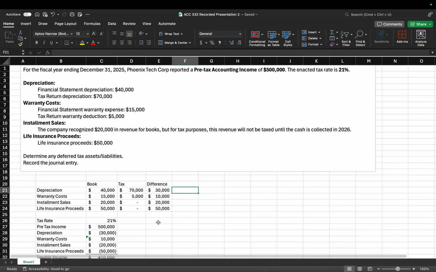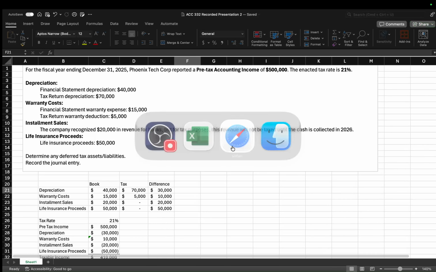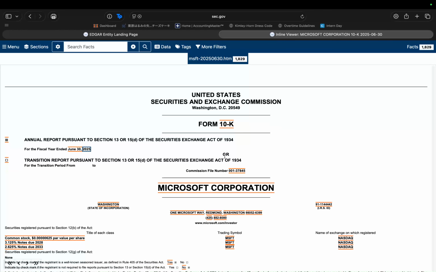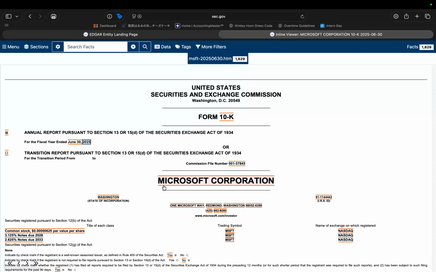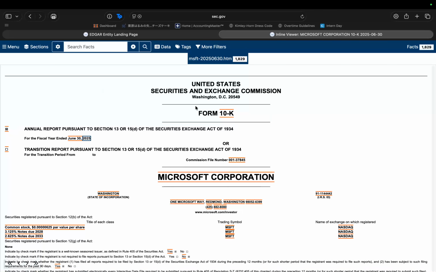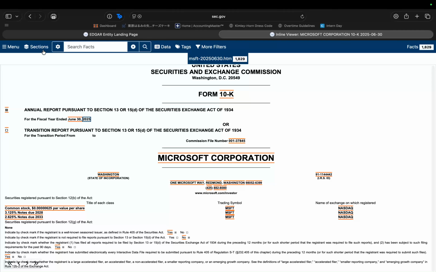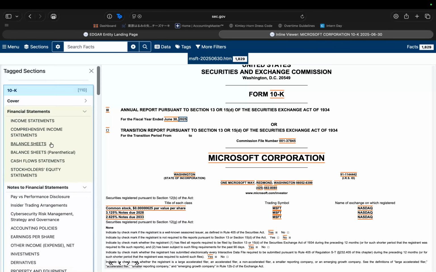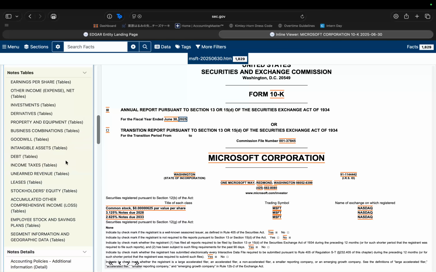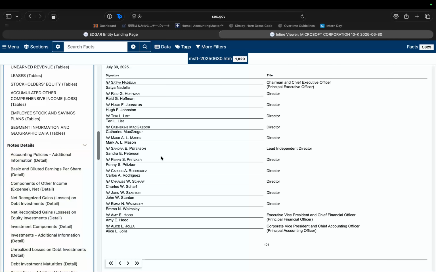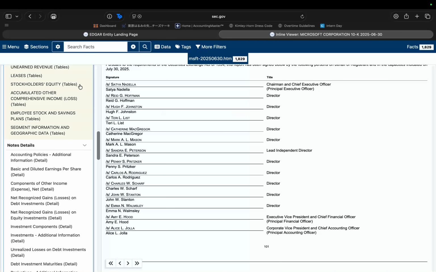And then for my real world example, we can look at the Form 10-K for Microsoft. Let's see if it works. It's been a little buggy, but if we go to our notes, no, yeah, it's being weird.